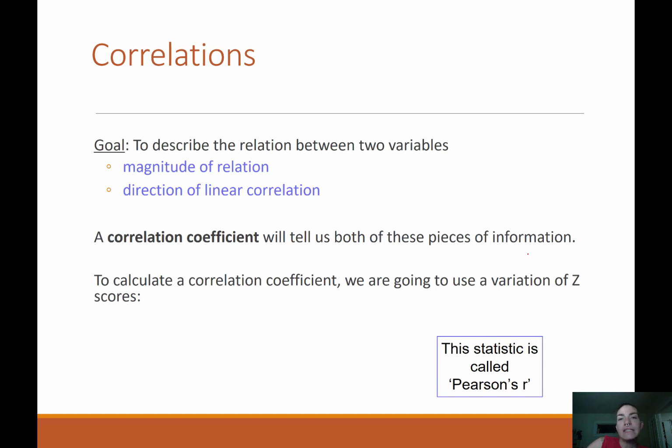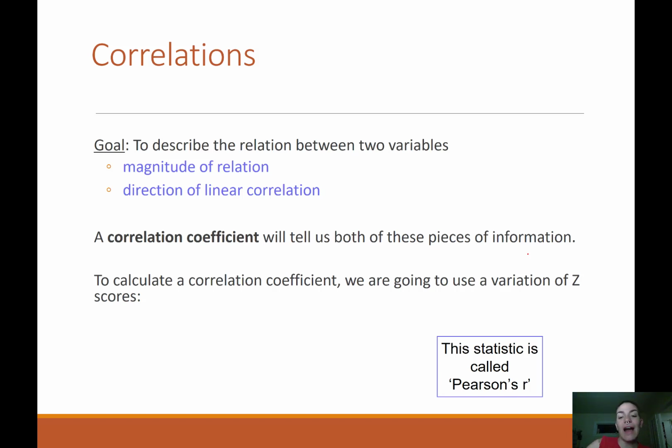If there is a linear relationship, then you can go ahead and calculate a Pearson's correlation coefficient, or Pearson's r. And the Pearson's correlation coefficient will tell us how strong the relationship is, or the magnitude of the relationship, as well as the direction of the relationship.